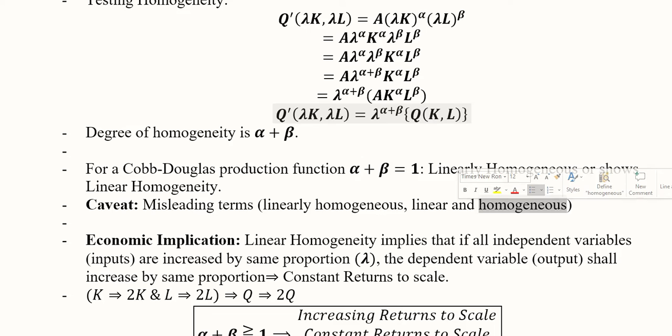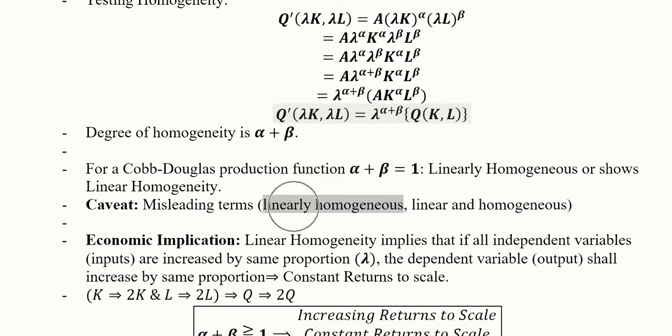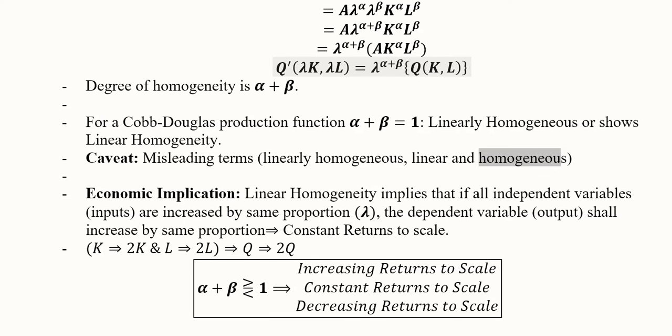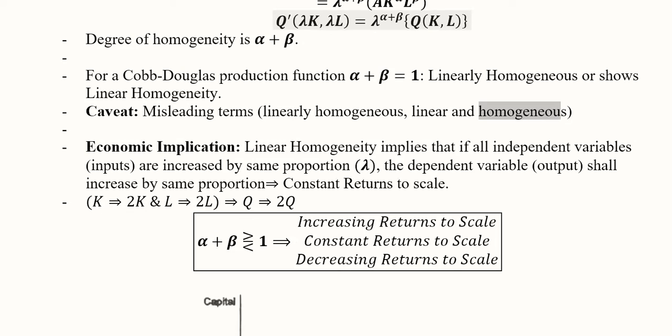Linearity is in the given function, and homogeneity is the nature of it, whether it is present or not. So linearly homogeneous means that it is homogeneous of degree 1, whereas homogeneity can be of degree 2, 3 or any other. So this was the differentiation between these two misleading terms.